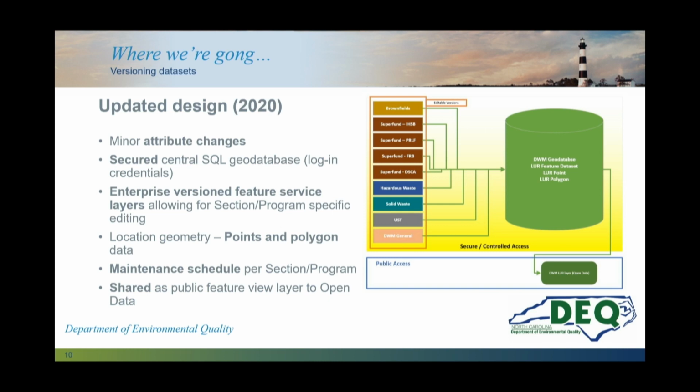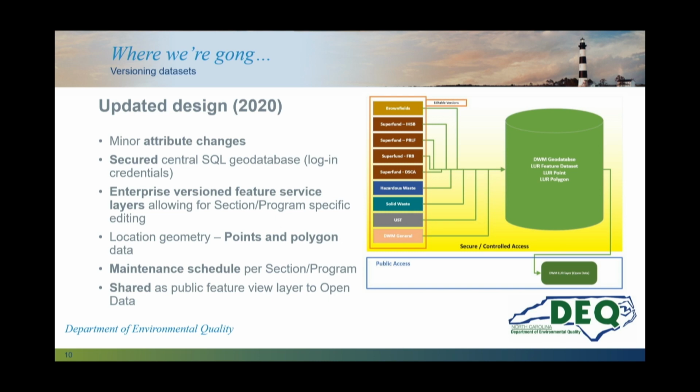The other thing that came up was that David mentioned we had 7 or 8 different program areas within waste management. We're just one division. We're going to talk about 3 other divisions here, but we're one division with 8 different program areas. Of course, those 8 program areas didn't want to update on the same schedule.